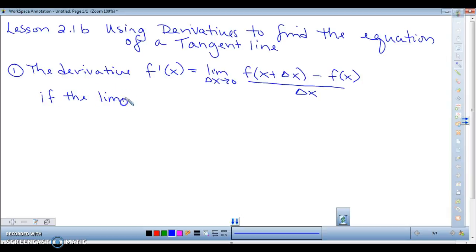We're going to talk about a couple of cases where the limit will not exist today, and about points, x values, in which we cannot take the derivative.